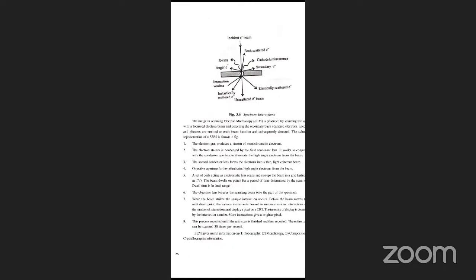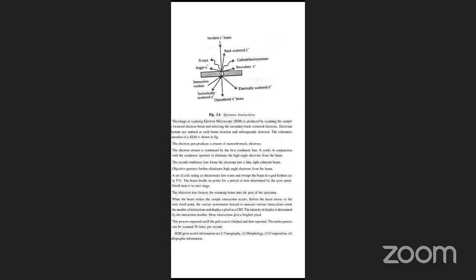The electron gun produces a stream of monochromatic electrons. The electron stream is condensed by the first condenser lens. It works in conjunction with the condenser aperture to eliminate the high angle electrons from the beam. The second condenser lens forms the electrons into a thin, tight, coherent beam.